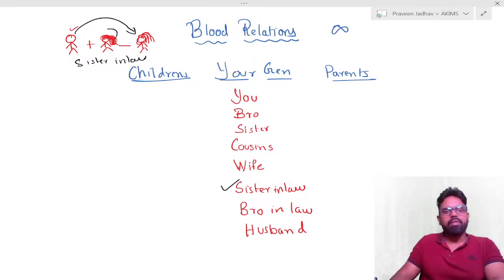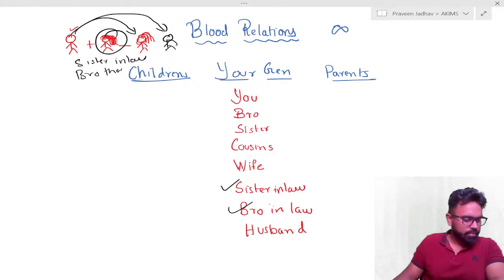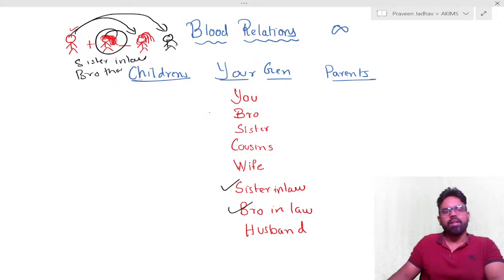Let's say if my wife has a brother, who will he be to me? He will be my brother-in-law. Okay. Cool. Now, other than these relations, all of the others are cousins.